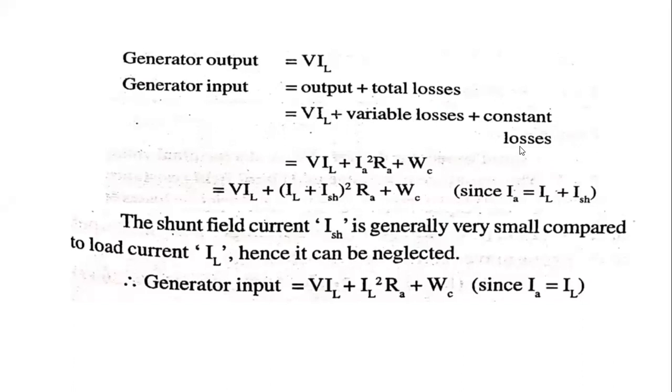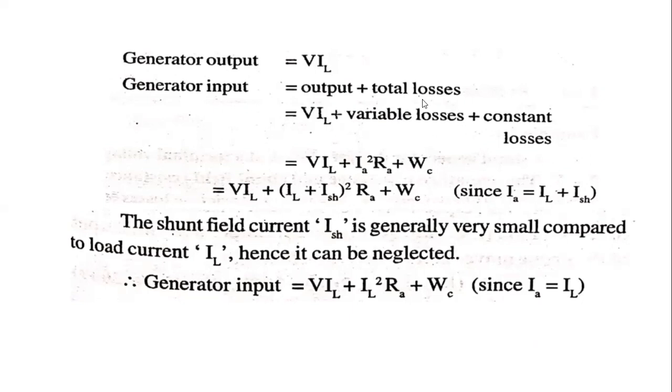In the previous slides, we already discussed what the constant losses and the variable losses are. Variable losses means the armature copper losses, and constant losses are considered as WC.